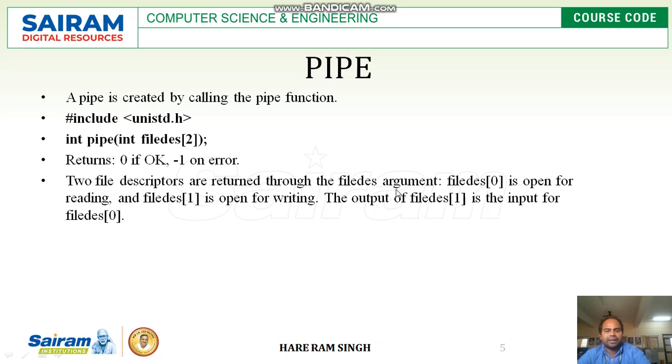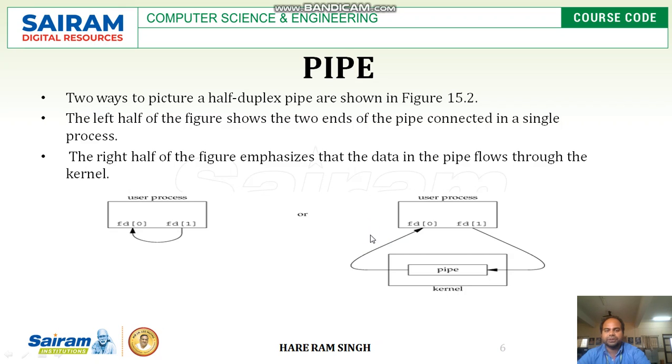Two file descriptors are returned through the file descriptor array, fd0 and fd1, on successful creation of the pipe. fd0 is used for reading the data from the pipe, and fd1 is used to write the data into the pipe.